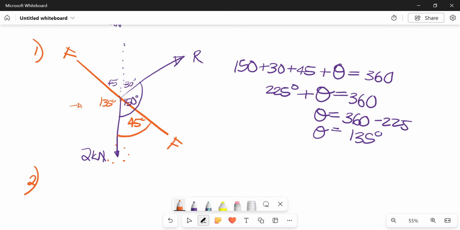So when we're using our baseline FF, the forces that are acting on it will be this 2 kilonewtons as well as this force at R. We've assumed that R is pulling away, and 2 kilonewtons from the given question was already pulling away. Now we're trying to come up with the perpendicular components for these lines.